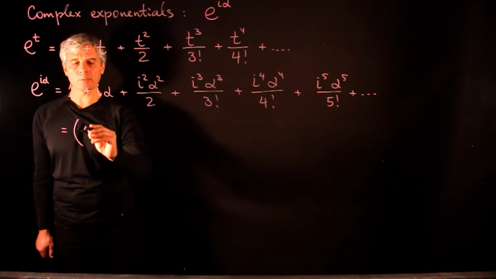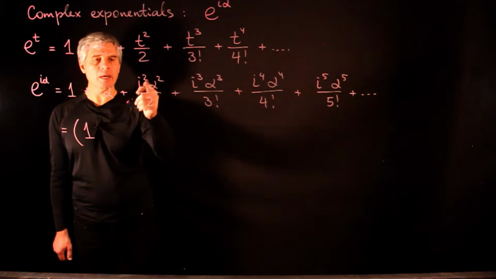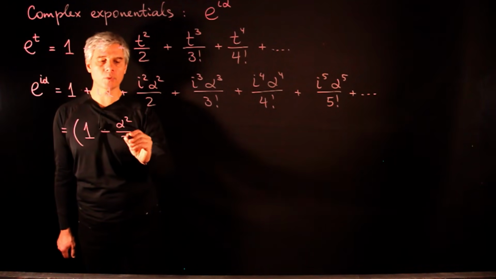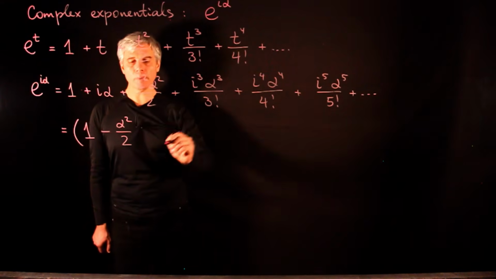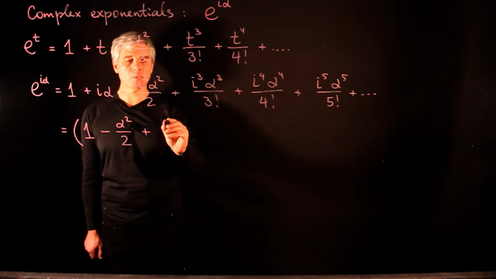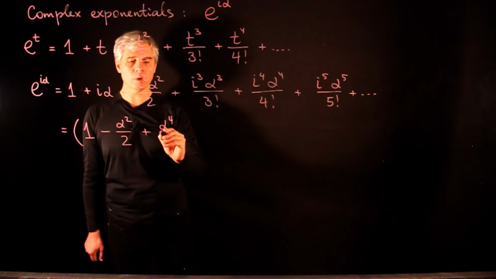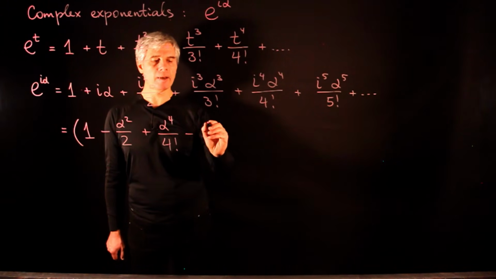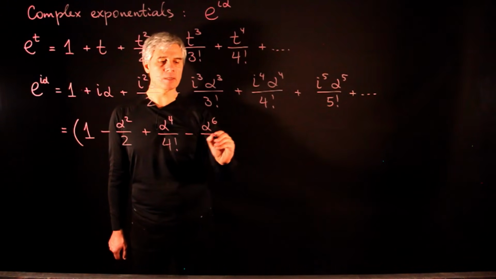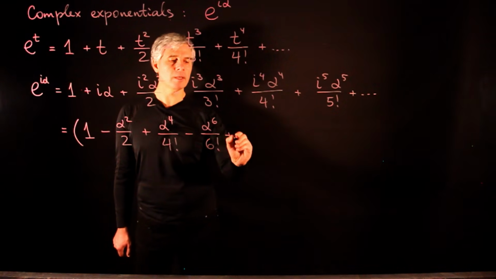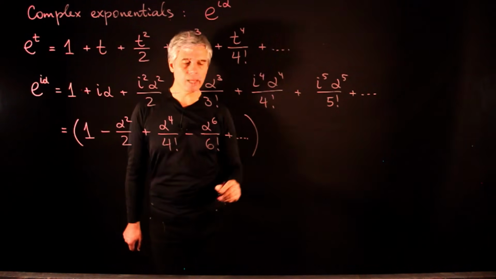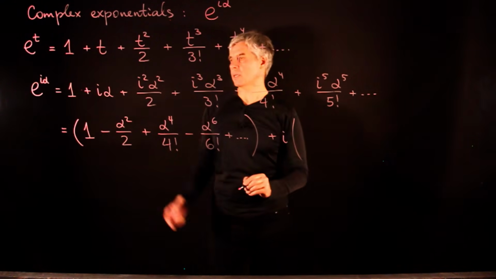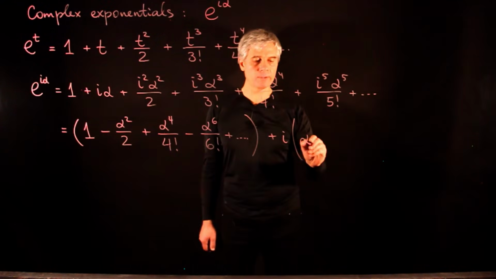For the real part, we will have 1, then i squared is minus 1, so we'll have minus alpha squared over 2. Then i to the power 4 is plus 1, so we will have alpha to the power 4 over 4 factorial. The next term will be minus alpha to the power 6 over 6 factorial, and so on. And the imaginary terms: we will have i times alpha.